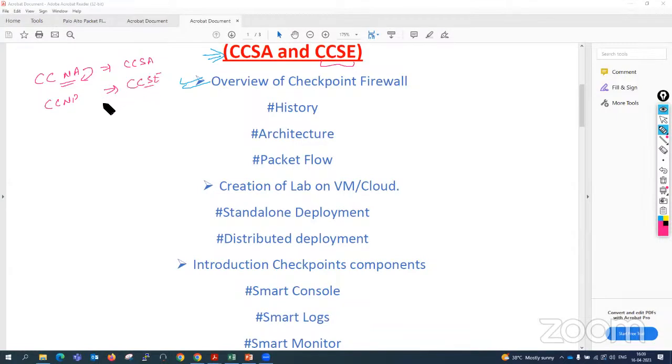If you have been trained in CCNP, that means you are a professional-level player in Cisco. Similarly, if you have completed CCSE, that means you are good with Checkpoint. It is expected that you can handle level 3 calls, or troubleshooting calls, of Checkpoint very easily.